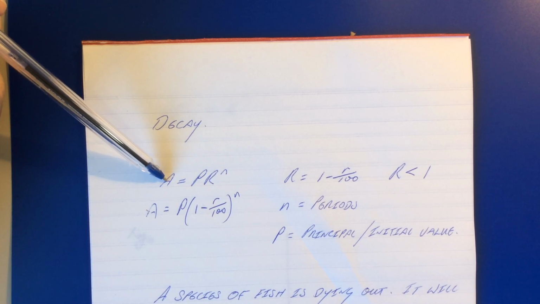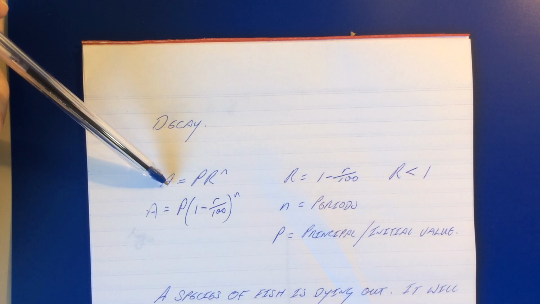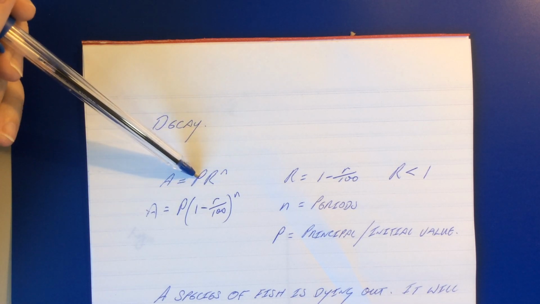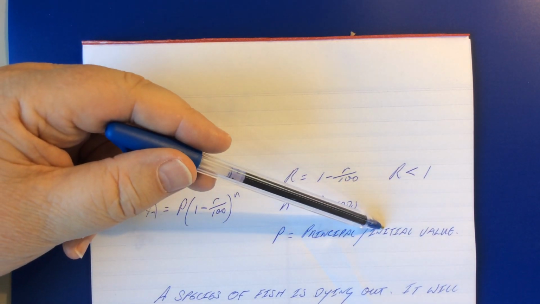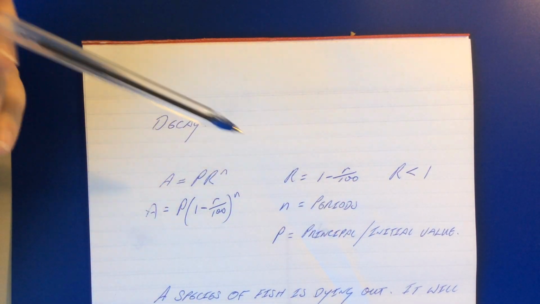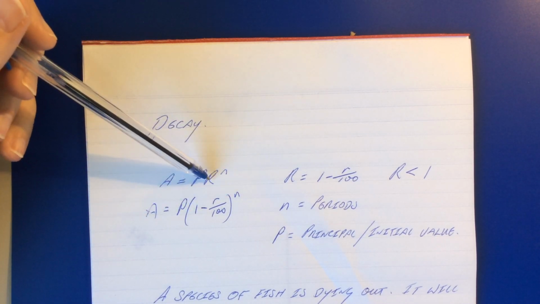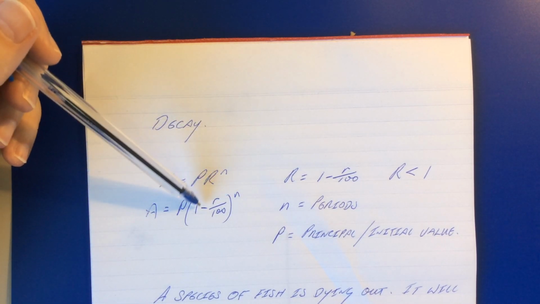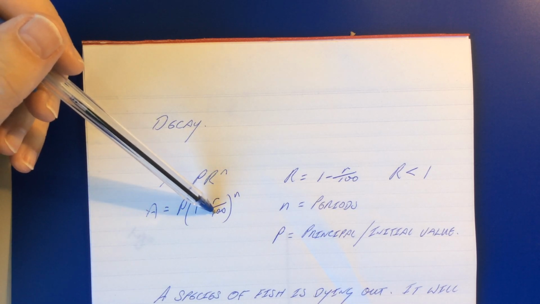So let's just define everything. A is the result we're either looking for or the result we have, but it is the end product of the calculation. P is the principal if we're dealing with money, or the initial value if we're dealing with something else. R I've already explained. It is 1 minus the rate of decay over 100.